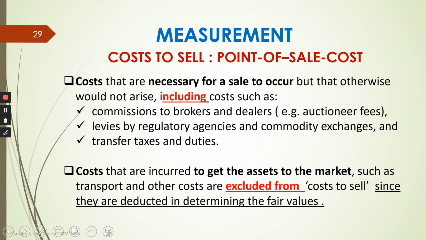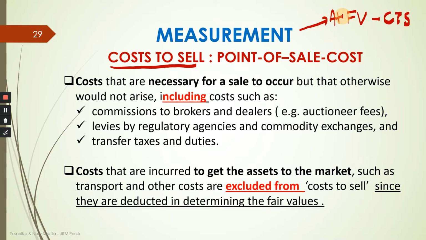Next. So what are costs to sell? Because we talk about fair value less cost to sell, which is the measurement for the biological asset. These are the costs that are necessary for a sale to occur.